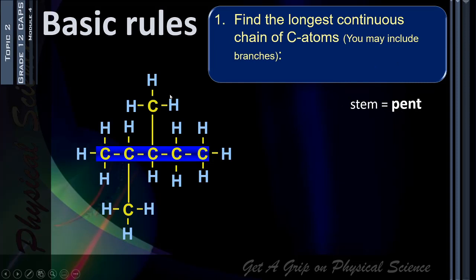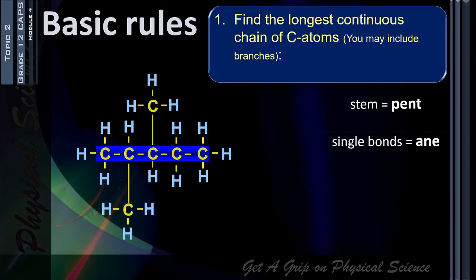And because we know that there are only single bonds between all the carbons in the molecule, we know that this will be an alkane. So the last part of the name must be ane to indicate to us that the homologous series of this molecule is an alkane.